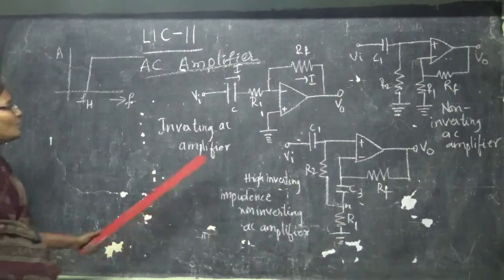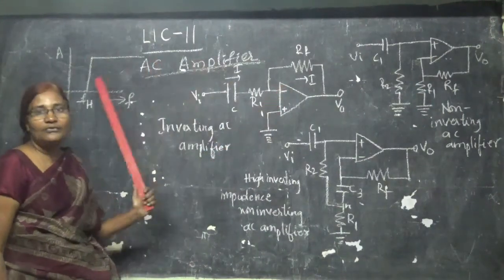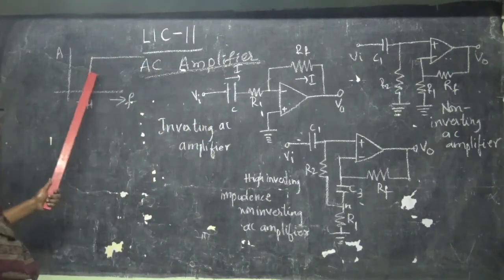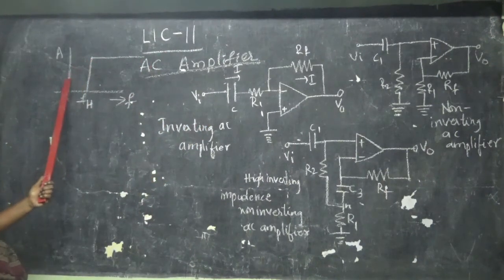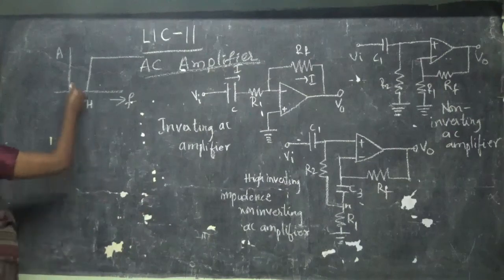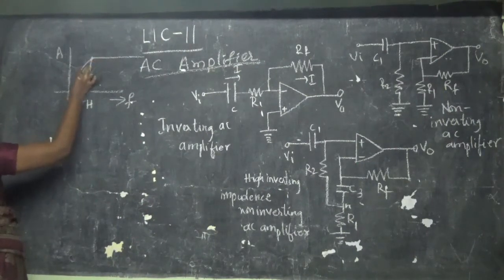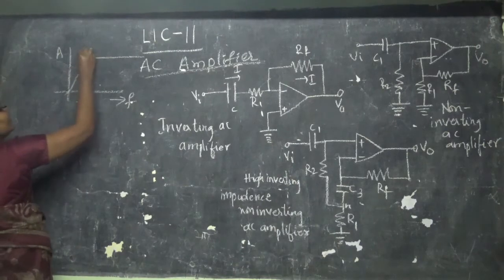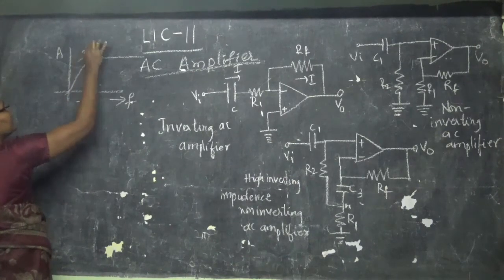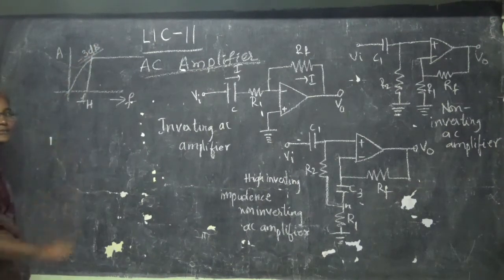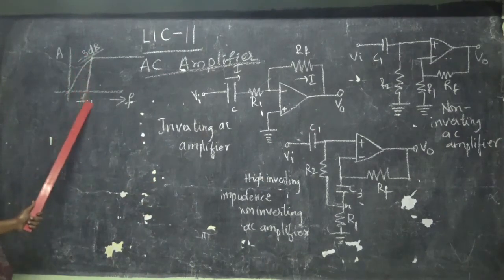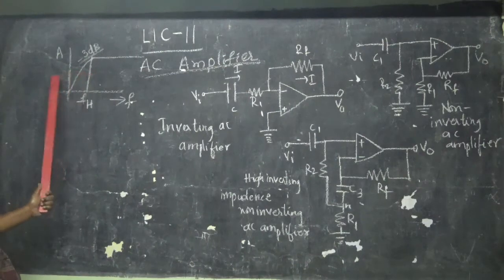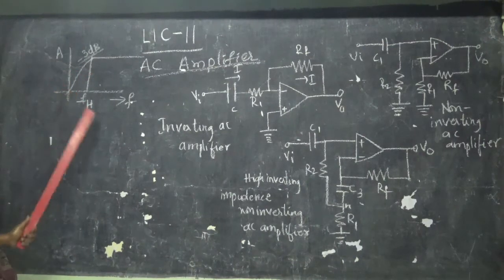So if I want to find the cutoff frequency or corner frequency, which will decide the lower 3 dB, that means frequencies are cut off as they come here. This is minus 3 dB, which decides the lower 3 dB. So FH will decide my corner frequency, which is at the lower side of the frequency response.